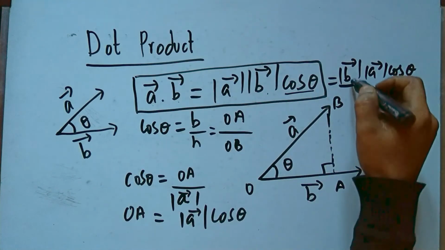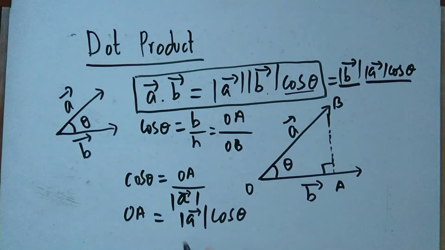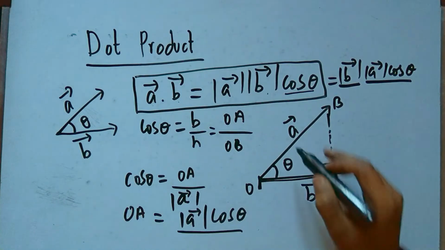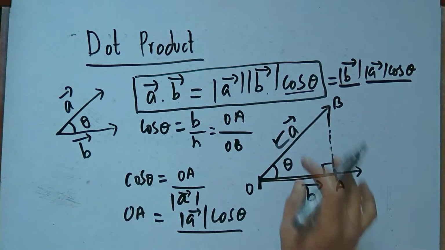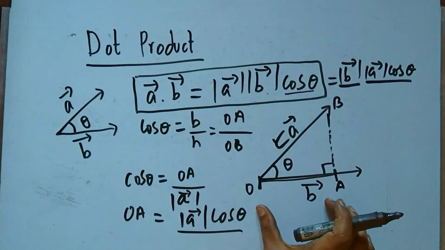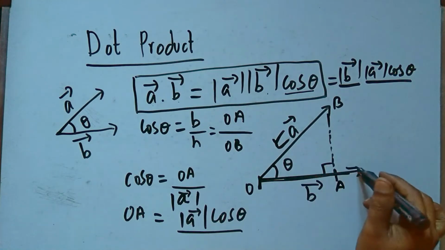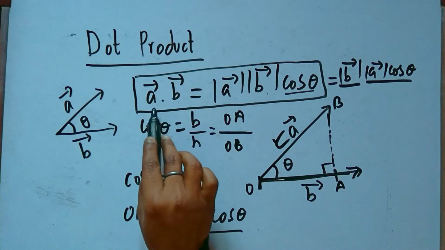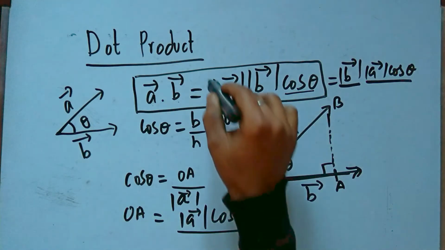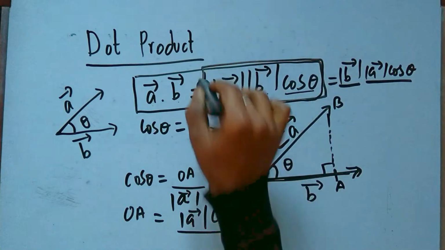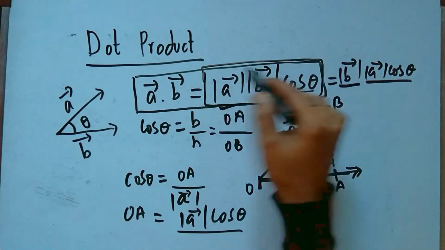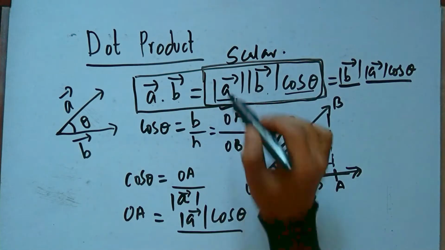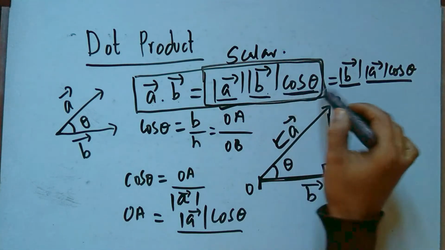So this is the magnitude of vector B, but this component here is the axial component of this vector A. So A cos theta is the axial projection on this axis. So mathematically we know dot product of two vectors is given by this formula, whereas this whole resultant is a scalar quantity, because this is a scalar quantity, this is a scalar quantity, and this is also a scalar quantity.